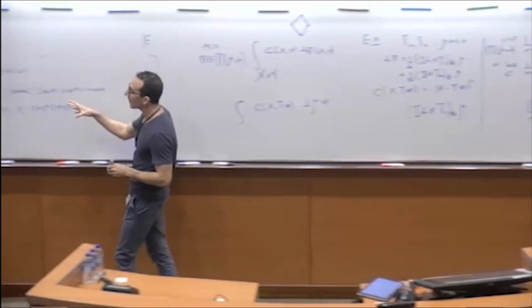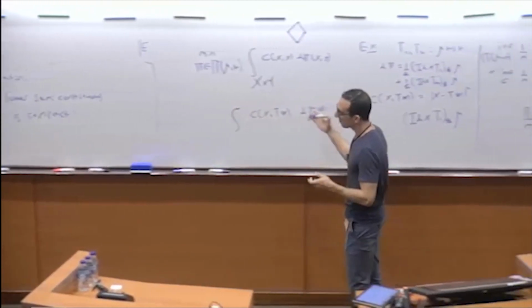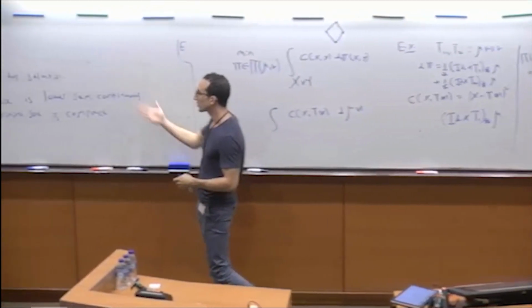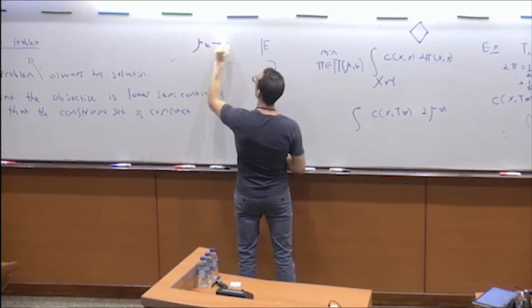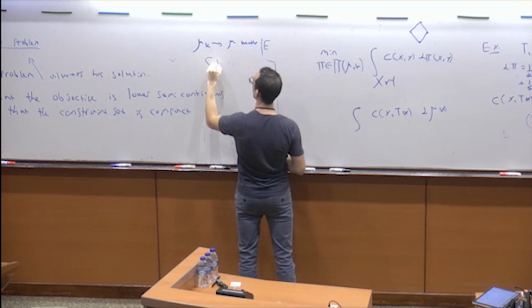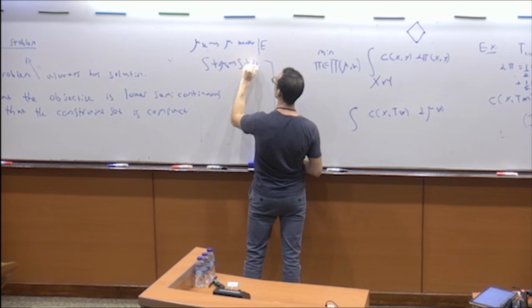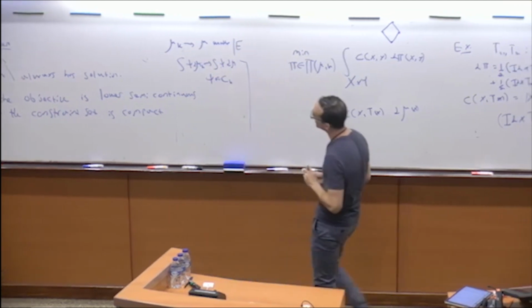The right way to think about it is to think about weak convergence. We'll remind you in coming lectures what it is, but weak convergence of distributions just means that we say that mu k converges to mu weakly if the integral of psi d mu k converges to the integral of psi d mu, where psi is continuous and bounded, let's say.